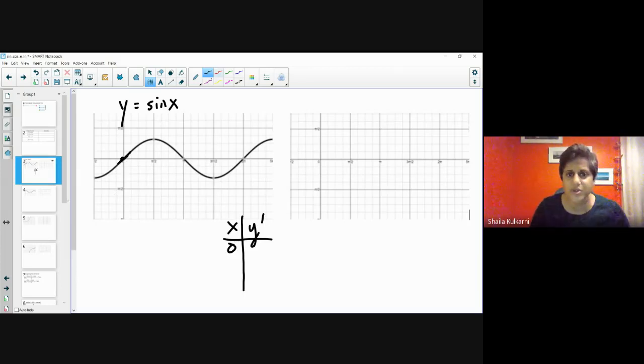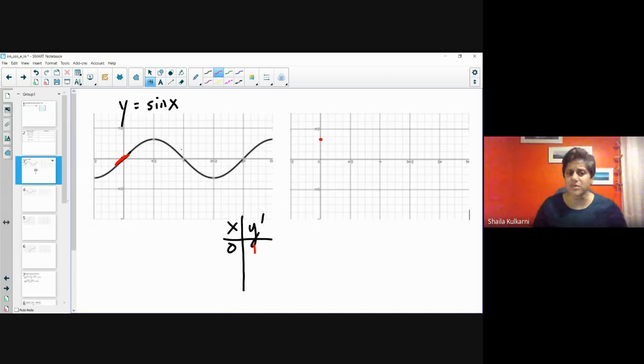It looks like the slope there is 1. That's going to be the coordinate on our derivative graph. So the slope value from our original graph becomes the y value on our derivative graph. So let's graph the point 0, 1. And like I said, this is pi over 2, 3.14 over 2, so 1 is going to be around here somewhere.